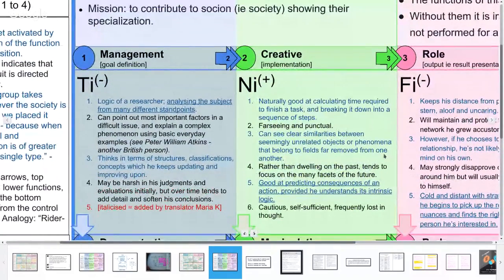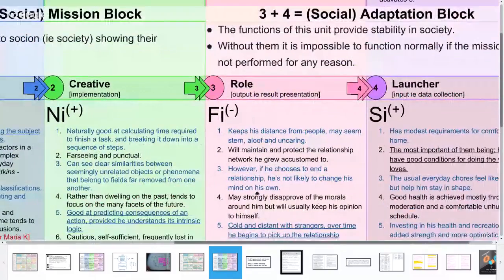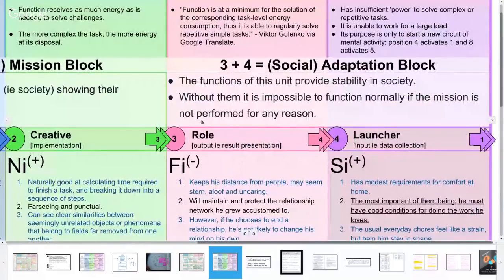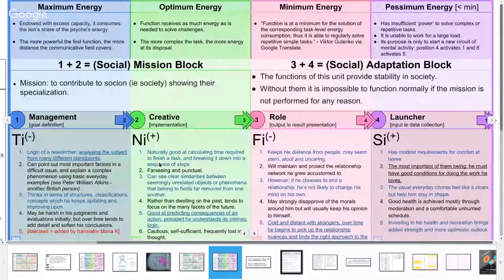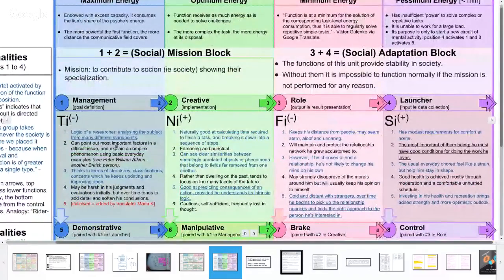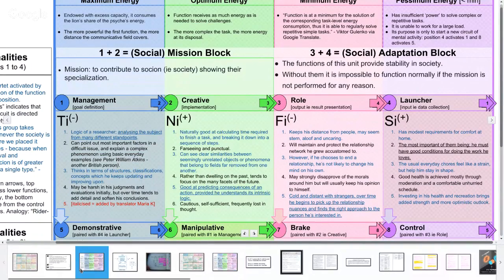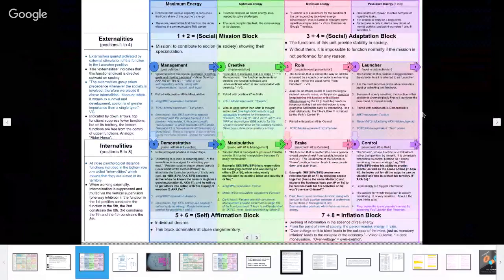Now we have the next block, which is the social adaptation block. The idea is that when you have a task and these two functions don't suit trying to solve the task, the INTP will switch to try to use these functions here. What I'm going to do is show you a bit more of the theory of these two functions.